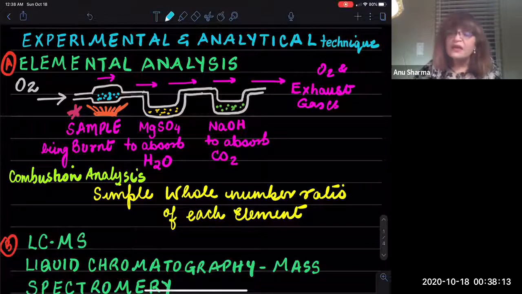Carbon dioxide has again come from when a certain amount of carbon from the sample combined with oxygen, producing carbon dioxide, which got absorbed by sodium hydroxide. The rest of the gases are accounted for; sometimes they are tested, sometimes they are just computed. So this is elemental analysis. It is a combustion analysis process in which we get a very simple whole number ratio of each element.